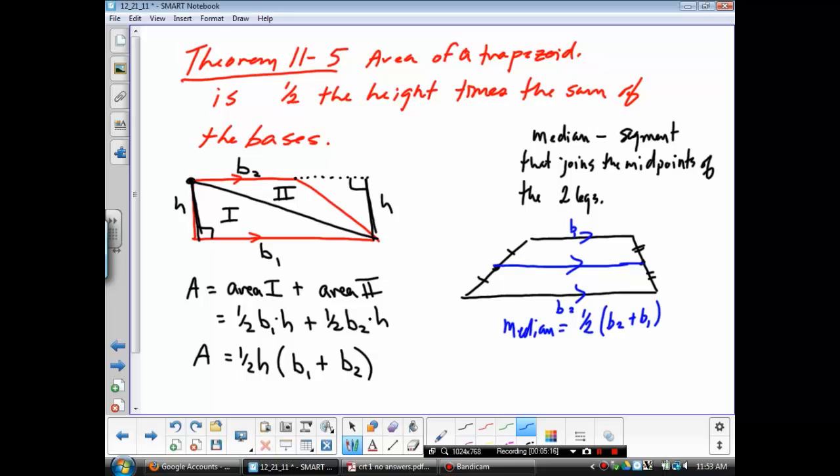Now, if you take the length of the median and the area of the trapezoid, you can come up with a new formula. Do you see in the area of the trapezoid the 1/2 and the sum of the bases?